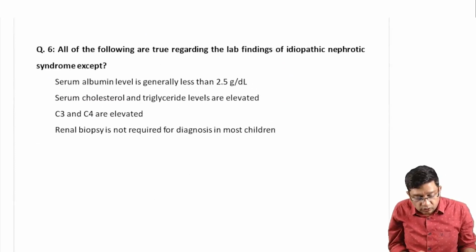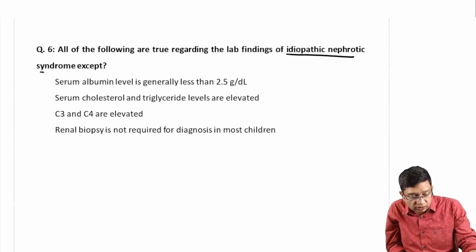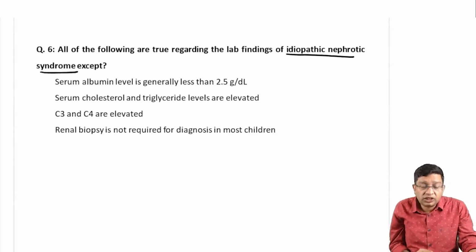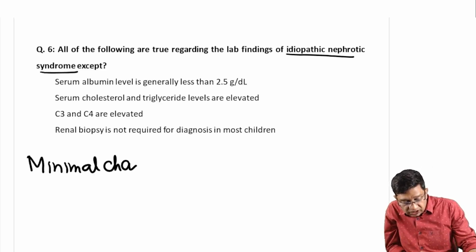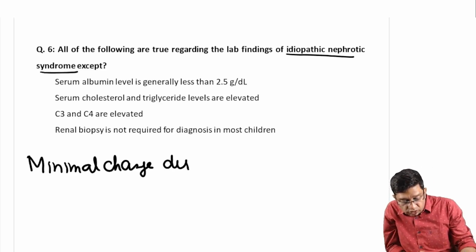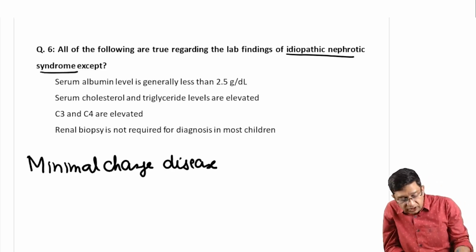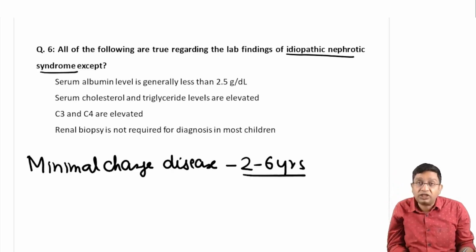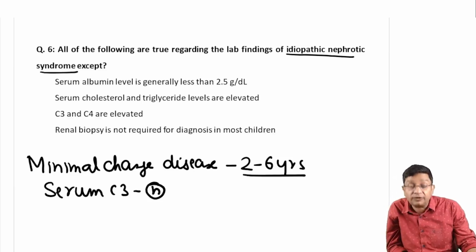All of the following are true regarding the lab finding of idiopathic nephrotic syndrome except. Now, when you say idiopathic nephrotic syndrome, we are talking of minimal change disease, because the most common cause of nephrotic syndrome is minimal change, and in minimal change the age group is 2 to 6 years. What you remember here is serum C3 level is normal.